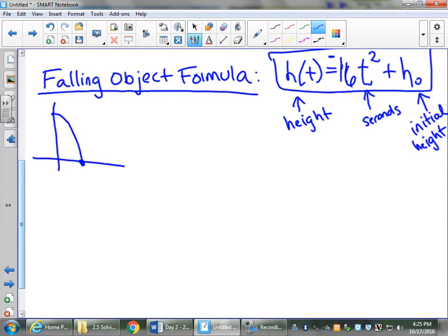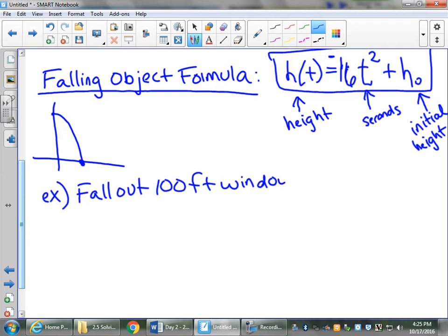So this guy is going to fall out of a 100-foot window onto a cushion that has the following dimensions: 26 by 30 by 9 feet. Length, width, height. That's the dimensions of the cushion down below.